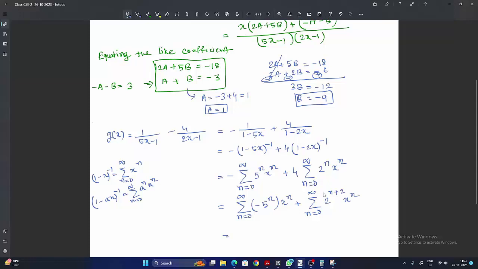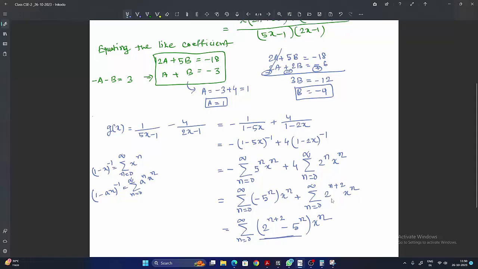So now take these two terms together, n from 0 to infinity, taking the positive term first, it will be (2 to the power n plus 2 minus 5 to the power n) into x to the power n. So that is your generating series.